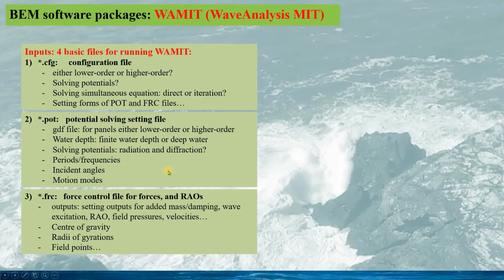And we need to specify the force control file, FRC, for the force and the motion calculation. The output would be given for added mass, damping, wave excitation, response amplitude operators, field pressures, velocities, etc.